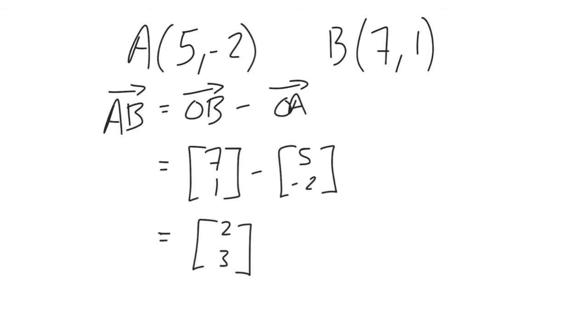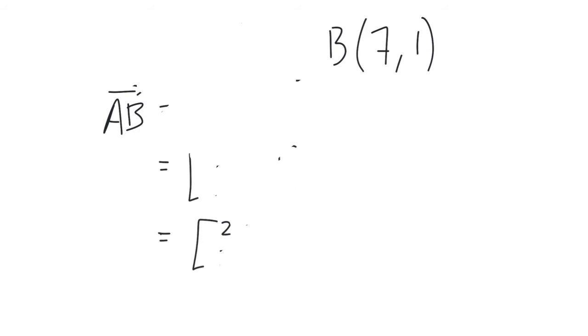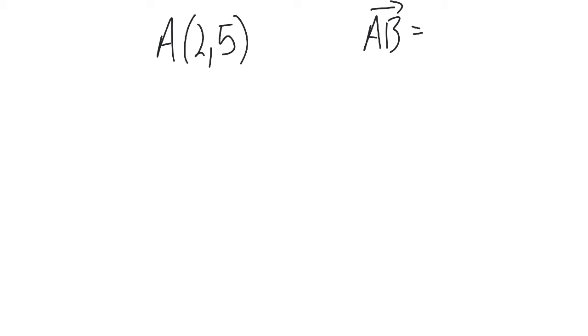Now the ones some of you were getting stuck on were ones where you were given one coordinate and the displacement vector and not the other one. So for example, if I'm given the coordinate A, which let's go back to (2, 5), and let's say I'm given that the displacement from A to B is (3, -2), and it wants us to work out where B is.